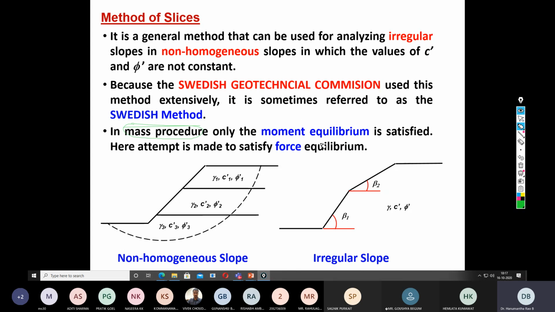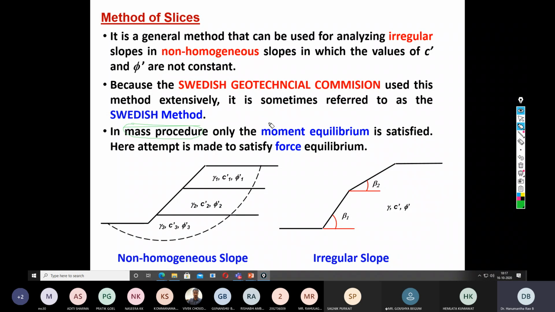But there are some methods which also consider force equilibrium. When you want to consider force equilibrium, we need to follow another procedure, the method of slices. From here onwards, you could see a variety of methods that would be useful for analysis of different varieties of slopes, considering with and without pore water pressure.